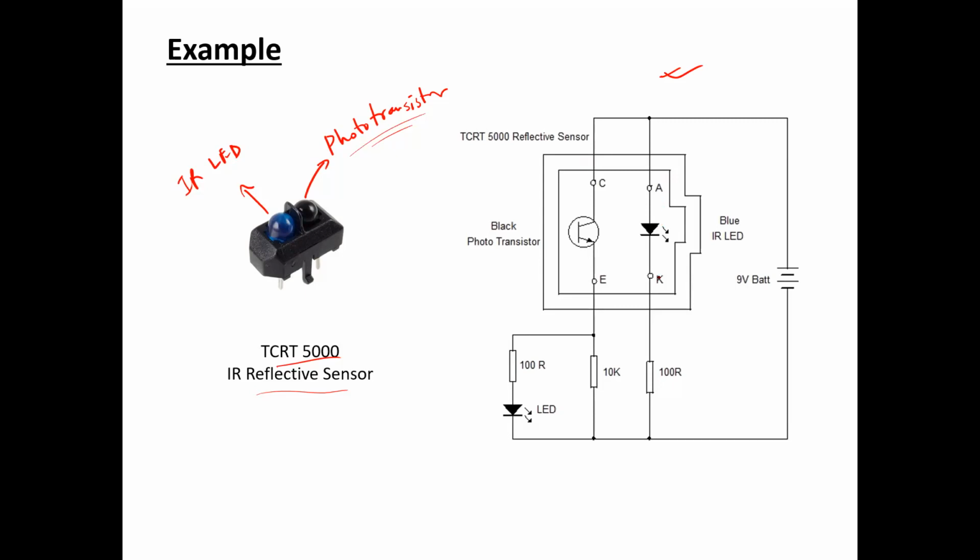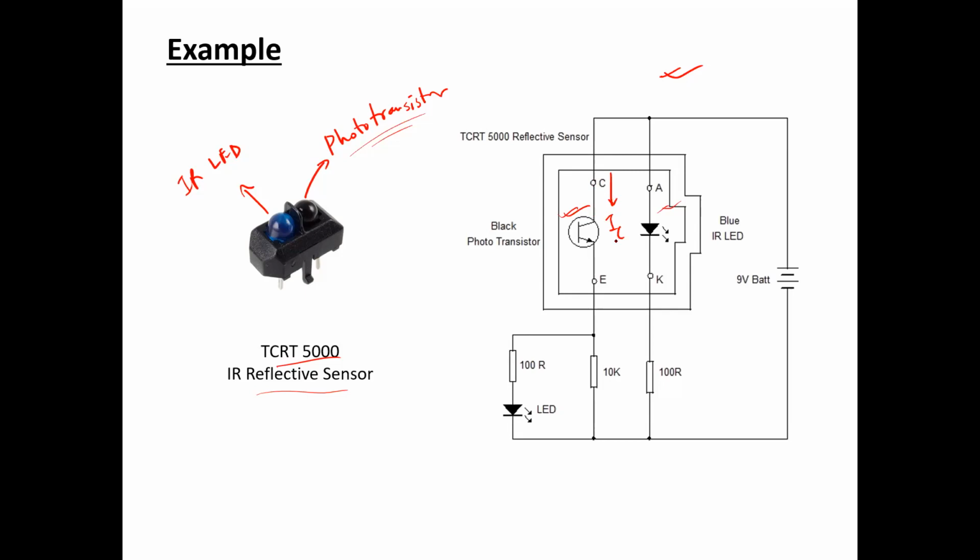The LED is connected in series with a resistance, and that is connected with the supply. So the LED is going to continuously emit infrared rays, and if that ray is reflected back towards the transistor, then the transistor will receive the reflected radiation, and that will cause an increase in current flow through the collector to emitter.